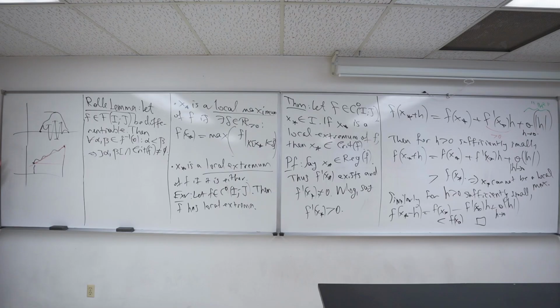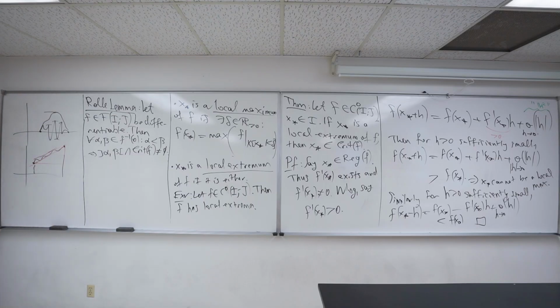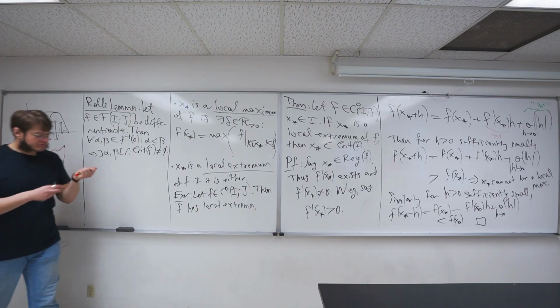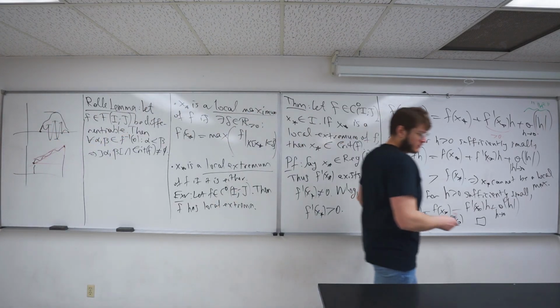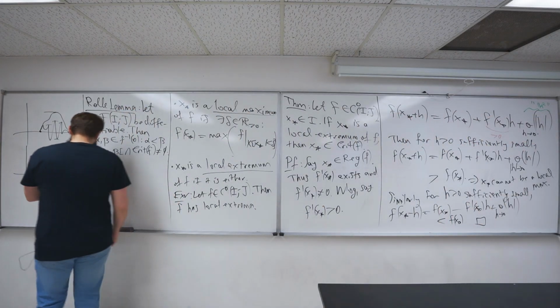Mean value theorem says there's at least one point in between these 2 points where the derivative of the function is exactly the slope of this line. In this case, for instance, like so. There's multiple. It's almost like if both of these points were at height 0, that gives you Rolle lemma. If you allow arbitrary heights, that gives you mean value theorem. So you can write it like so.